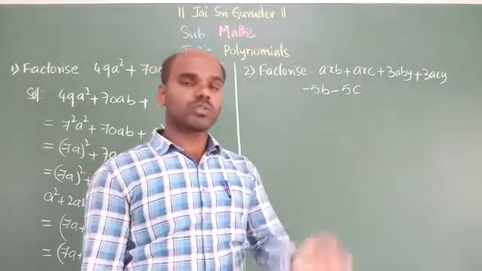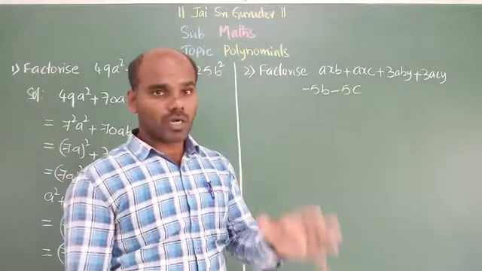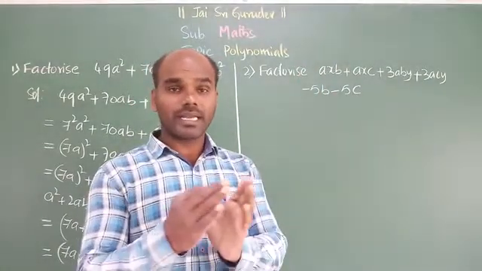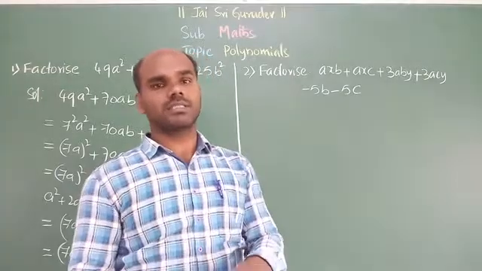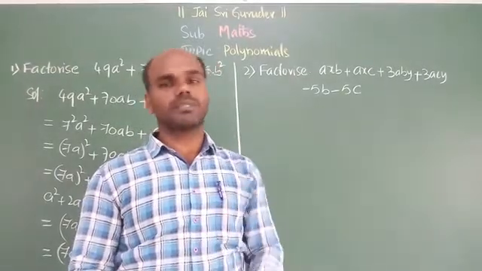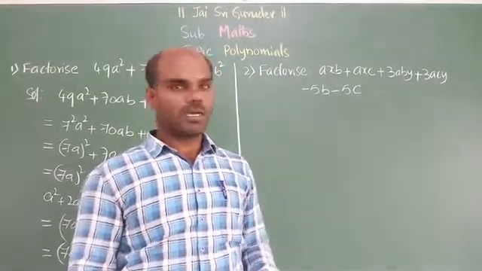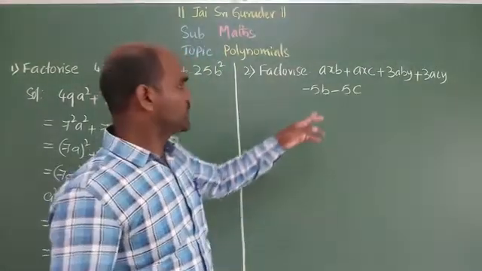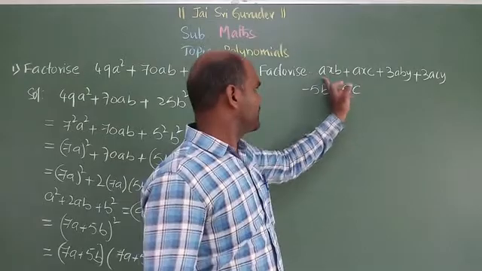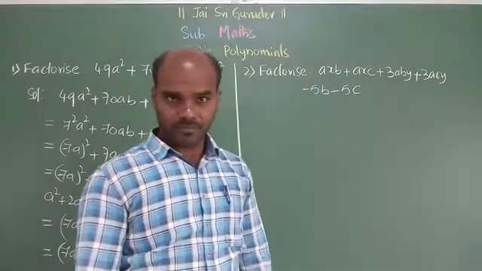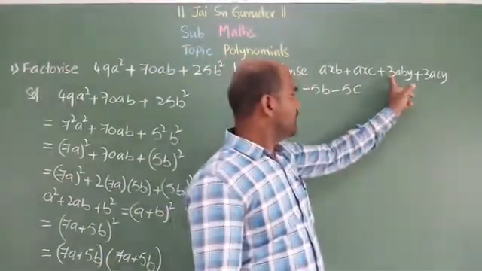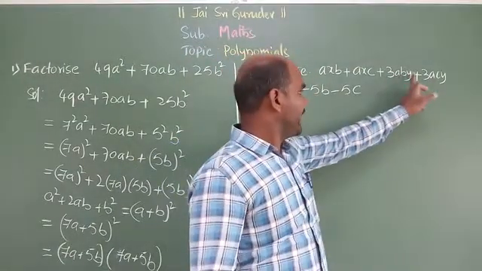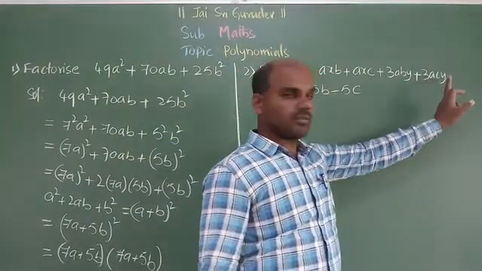So at this time we have to observe the like terms. Which term is common, that we have to identify. In axb and axc, ax is common. Next, in 3aby and 3acy, 3ay is common.